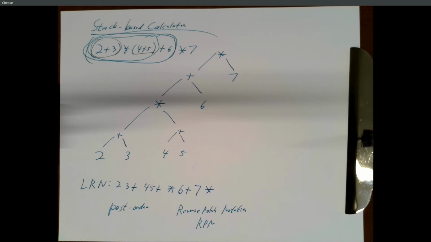Well, it turns out writing a program that can evaluate the string using reverse Polish notation is really simple if you have a stack. It's a 2-line algorithm to do this evaluation.